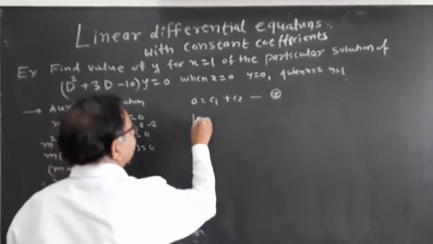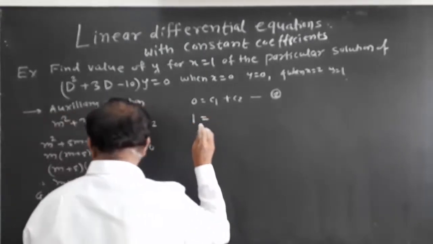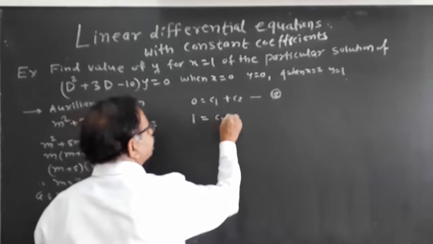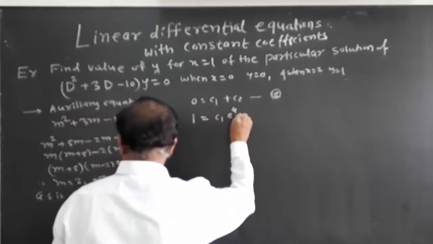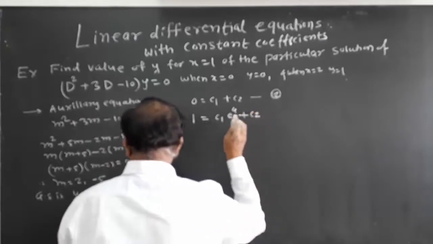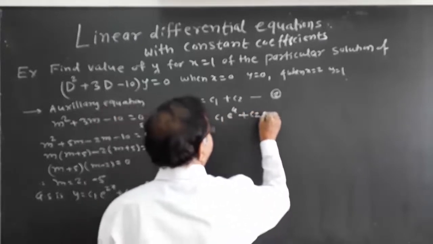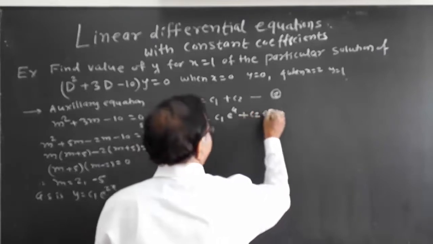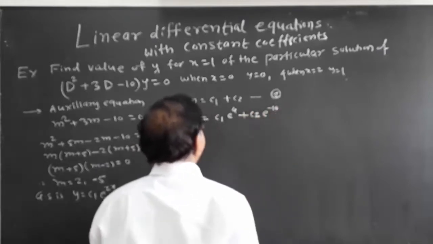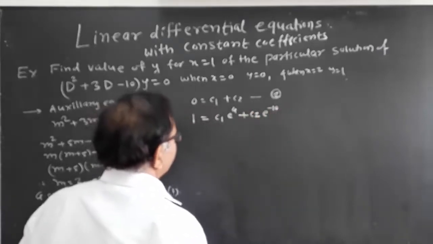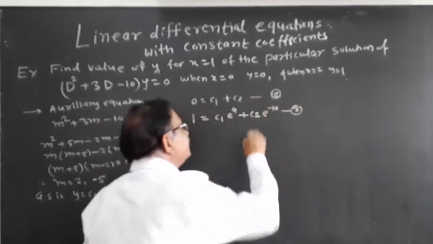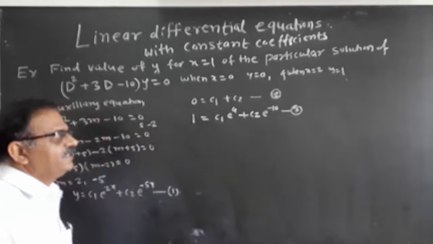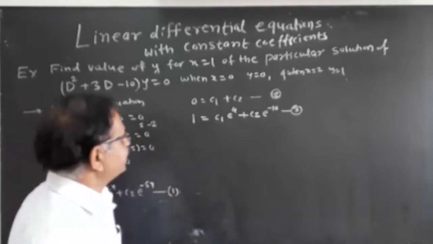Y equal to 1 when x equal to 2, that is c1 e raised to 2 into 2, 4, plus c2 e raised to 2 into 5, 10, minus 10. Thus we get equation 3. We shall solve equation 2 and 3 simultaneously for getting values of c1 and c2.